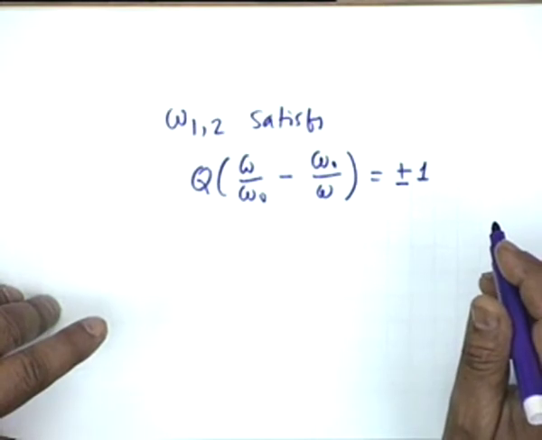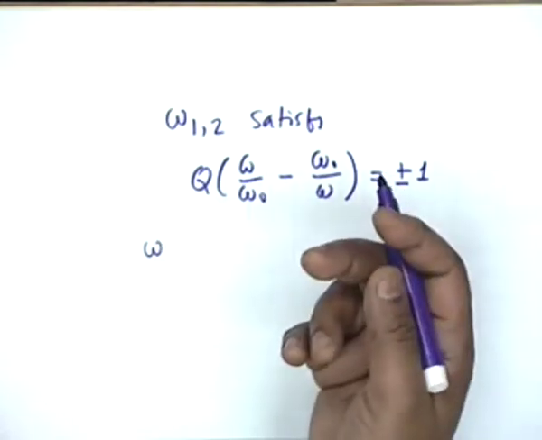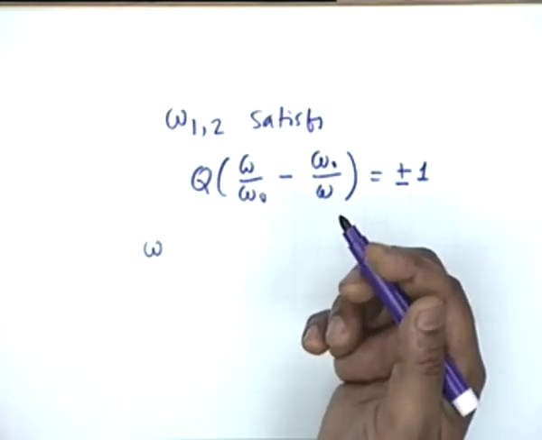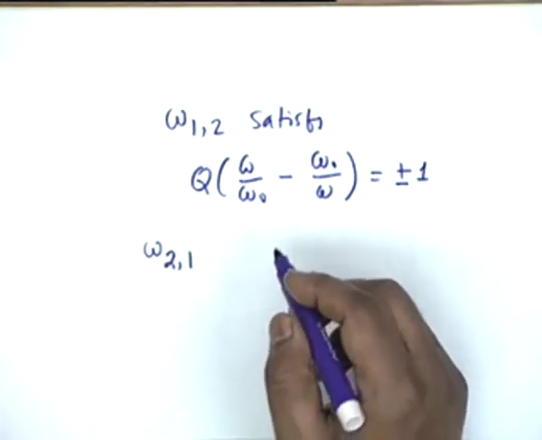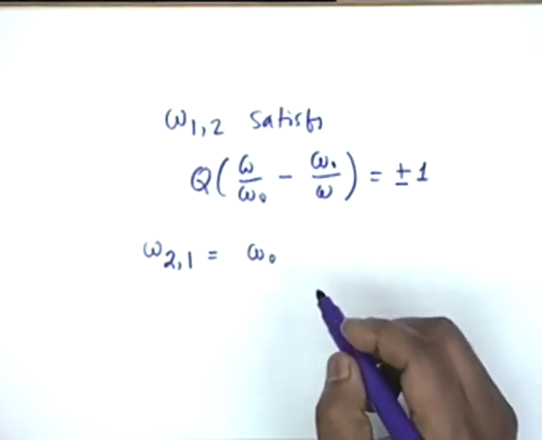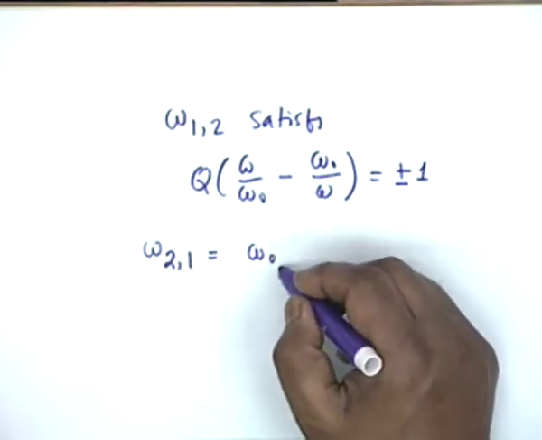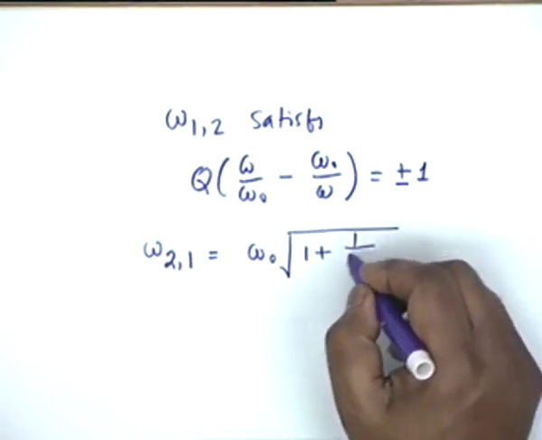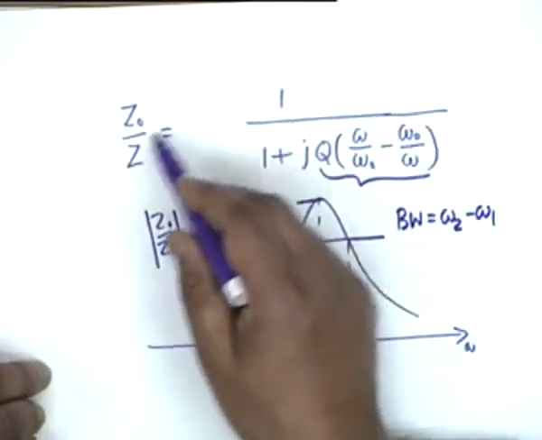We accept only the positive solutions, and you can show by actual calculation, I skipped the algebra, that omega 2, first we take omega 2 the higher frequency, is equal to omega naught, which we have already defined as the resonance frequency 1 by square root LC, omega naught square root of 1 plus 1 by 4 Q squared, where Q is omega naught L by R or 1 by omega naught CR, Q has already occurred in this dimensionless form.